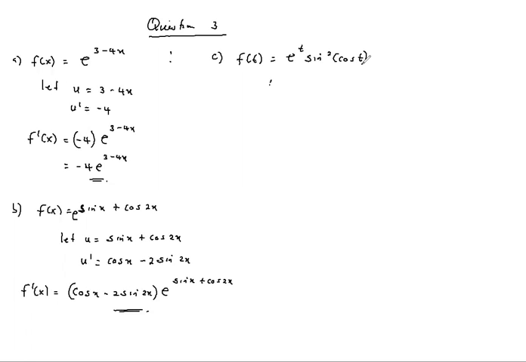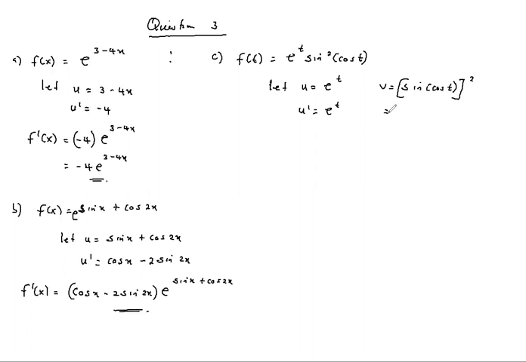So this is product rule, where you say your u is e^t, and so it's easy to get the derivative. U prime is just e^t because the derivative of t is 1. And then v is sine of cos t, squared. So sine is the holding function.